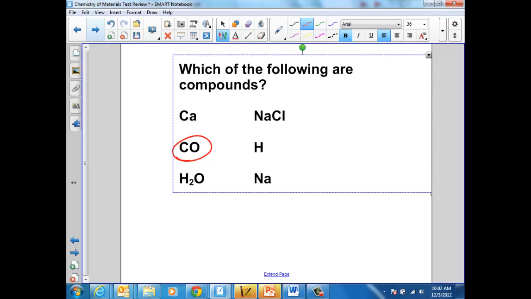Carrie? H2O. We know that one, it's water. Ethan? NaCl, sodium chloride, okay? Now, the rest, C, Ca, H, Na, are all atoms or elements, okay?